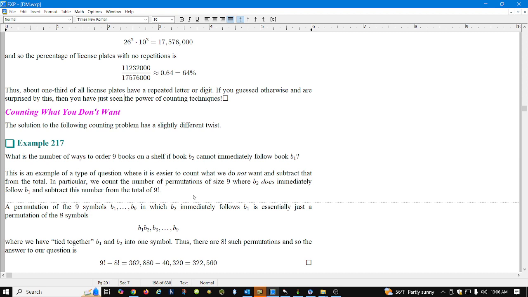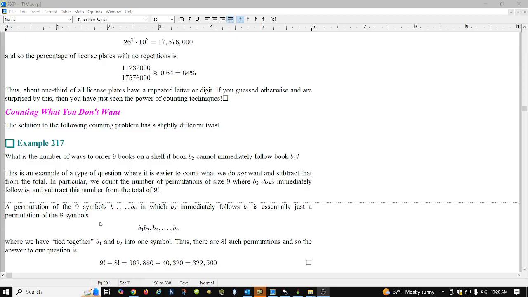So in particular, we count the number of permutations of size 9 where B2 does immediately follow B1 and subtract that from the total, which is 9 factorial. That's all arrangements of the 9 books.